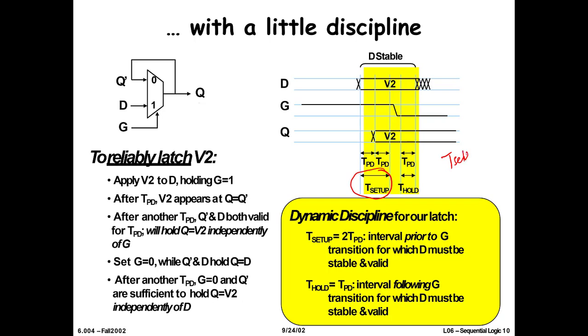T setup is equal to 2 TPD. 1 TPD from D to Q, another TPD from Q to Q through Q prime. Okay, so this is 1 TPD, this is the second TPD, and both these TPDs are called T setup.